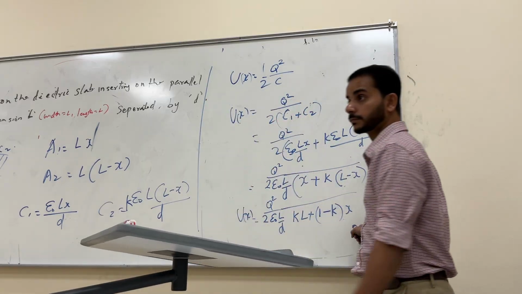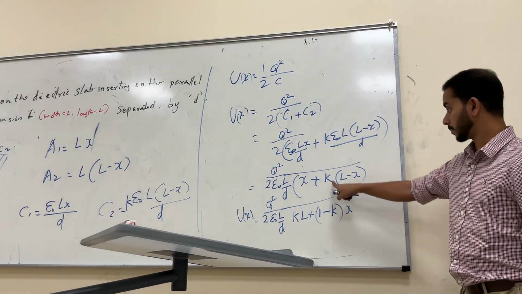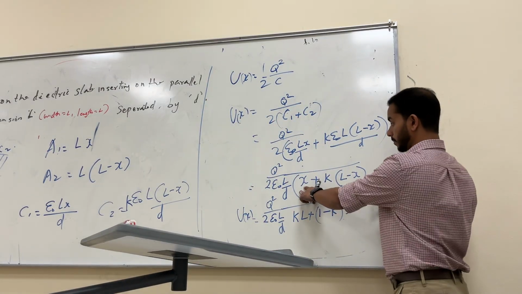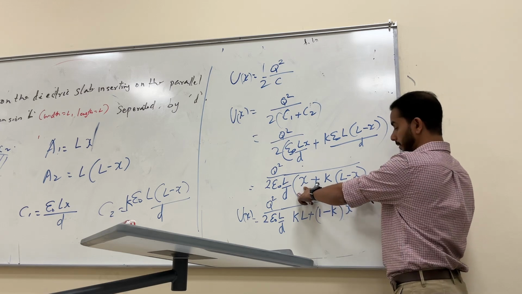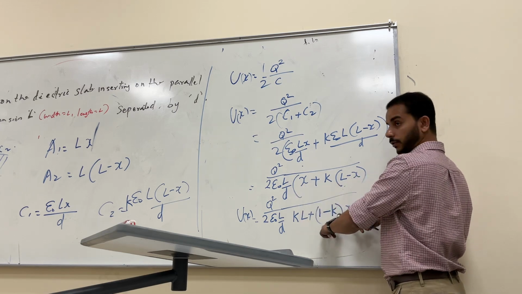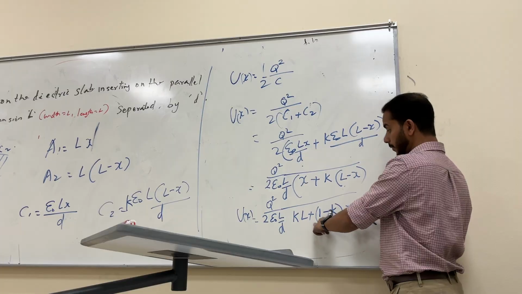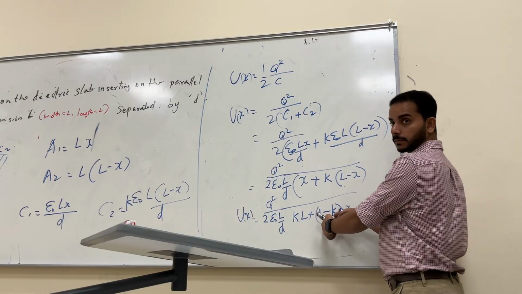Is it correct? So I have x here, and I have minus Kx here. So I took x out of this one, so (1 minus K) x will be this one.